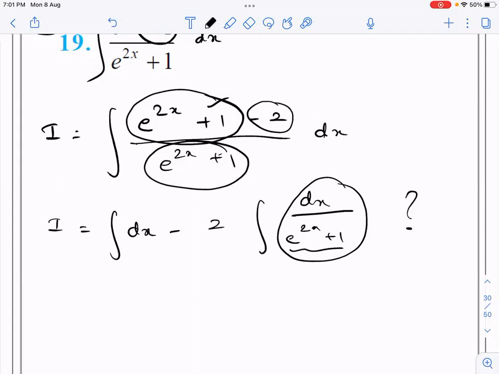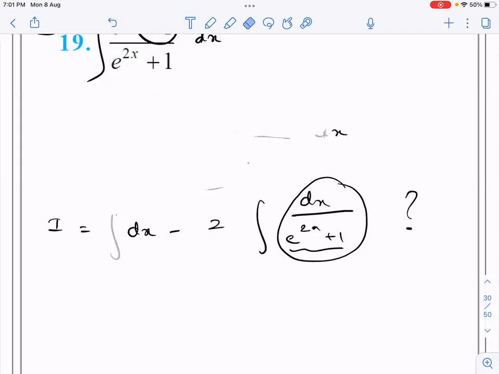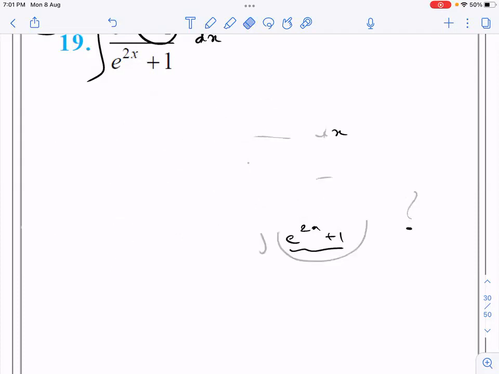But I know the fact that when I differentiate an exponential function, I'll get an exponential function. When I don't have it in the numerator, what am I going to do with it? Nothing. So this logic of adding and subtracting works mostly for algebraic and trigonometric functions.